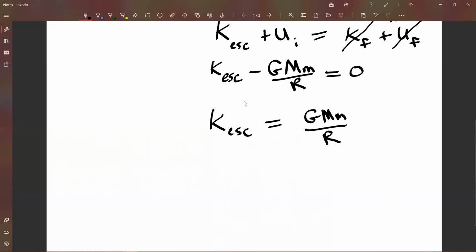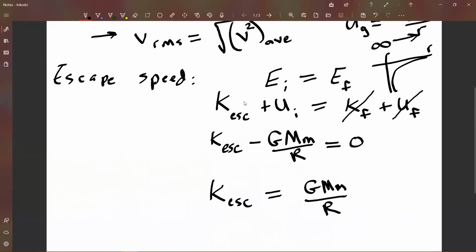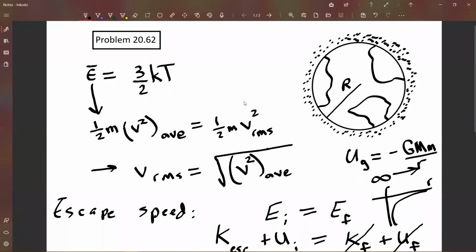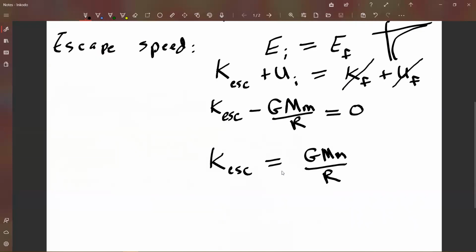Okay, so I probably neglected to describe what we're really being asked for here. The idea is, if the temperature of this atmosphere is high enough, then the average gas particle will have sufficient energy to escape.